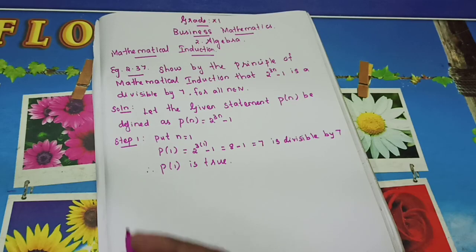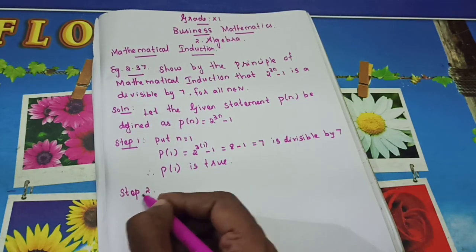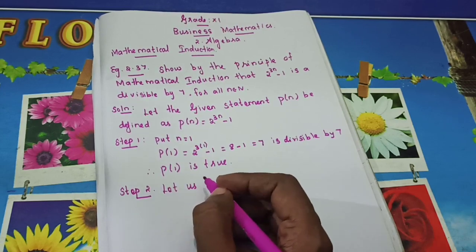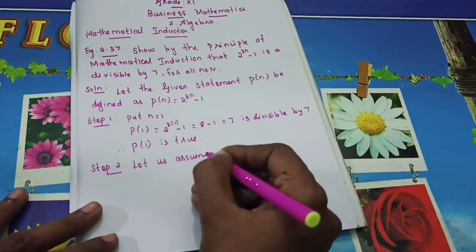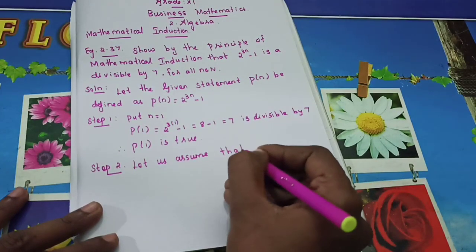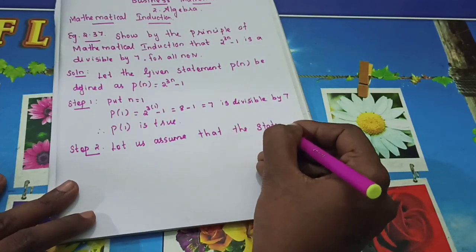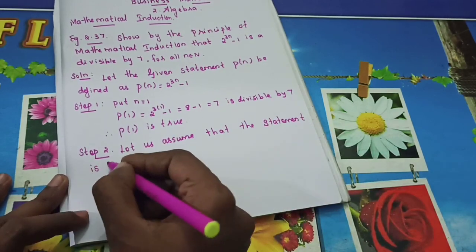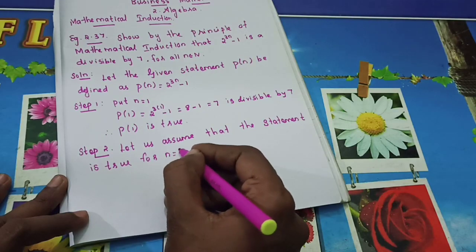Step 2: let's assume that the statement is true for n equal to k.